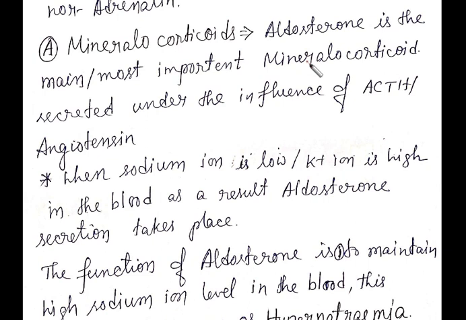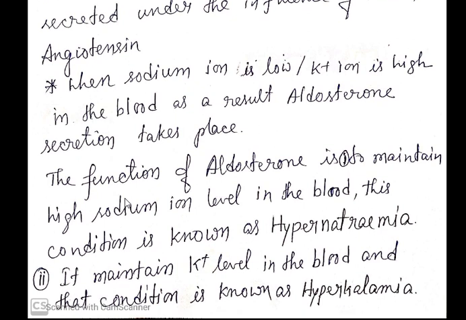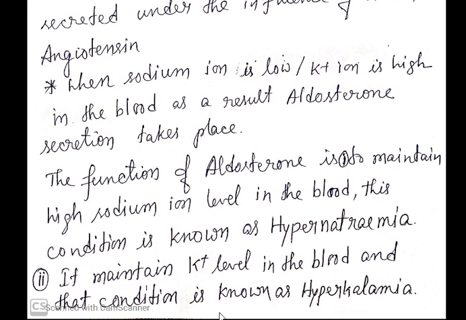Aldosterone has special functions that we need to discuss. The first is that it maintains a high sodium ion level in the blood, and this condition is known as hypernatremia.